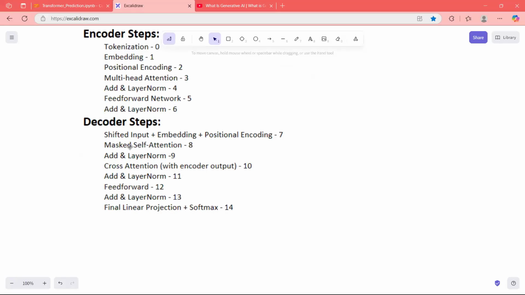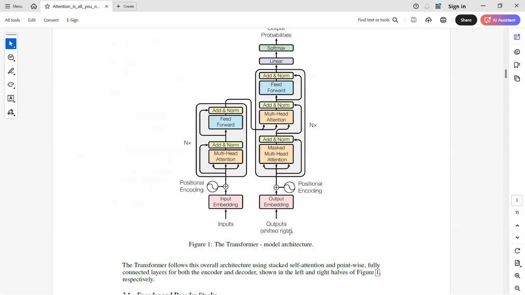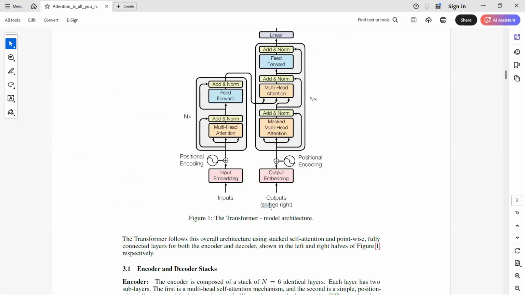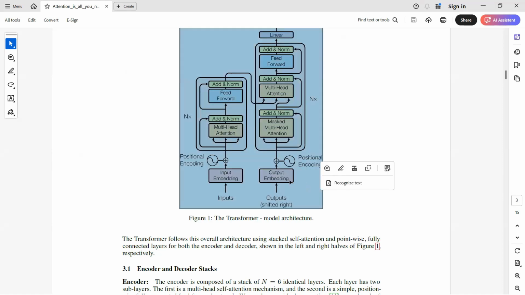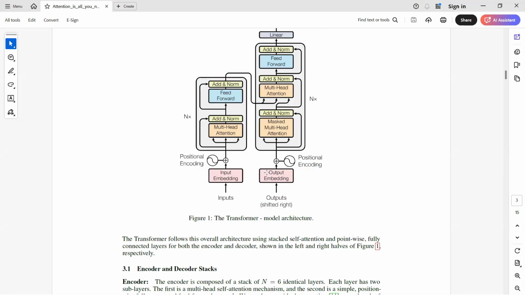Now come to the decoder. In the decoder, shifted input plus embedding plus positional encoding, I'm saying 7. Shifted right, if you see here, it is written shifted right. So shifted right is one thing, and then embedding plus positional encoding, I'm keeping in the same number because it's more or less the same as compared to the encoder. So step 7.